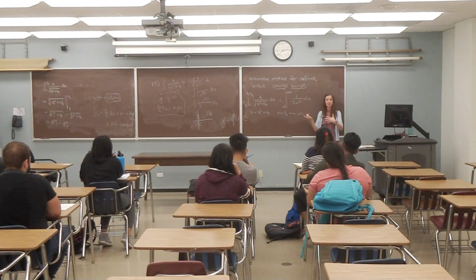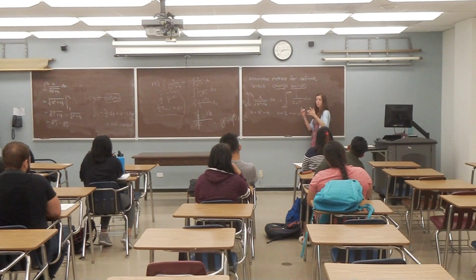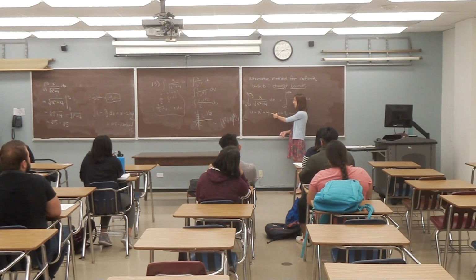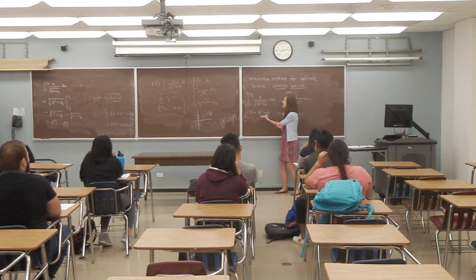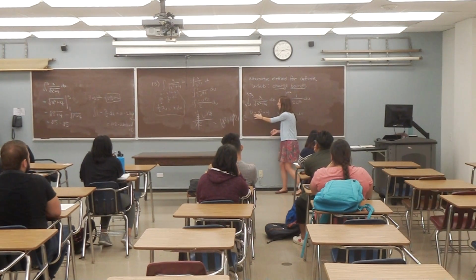What formula or equation relates x and u? This one. Think about this as coding and decoding: this is the code that we use to change x's into u's, or u's back into x's.